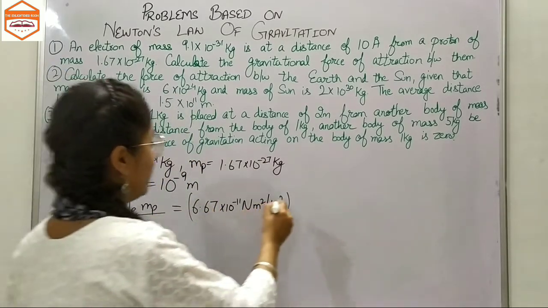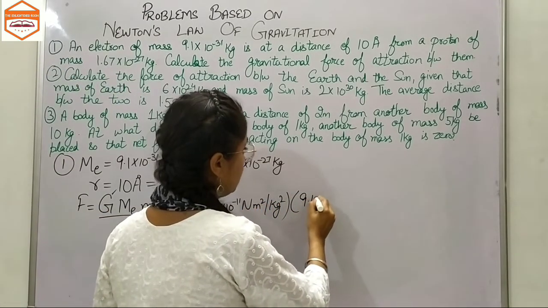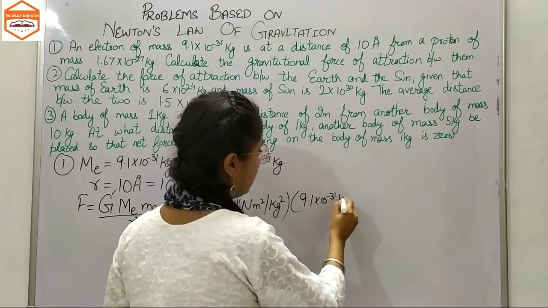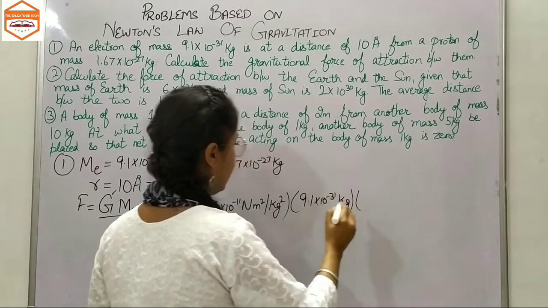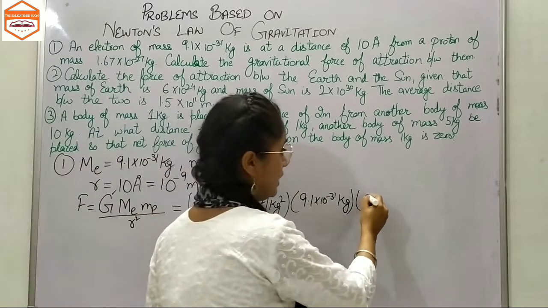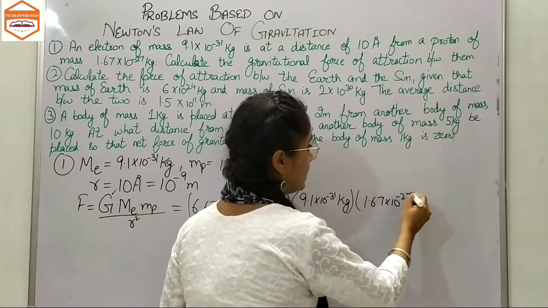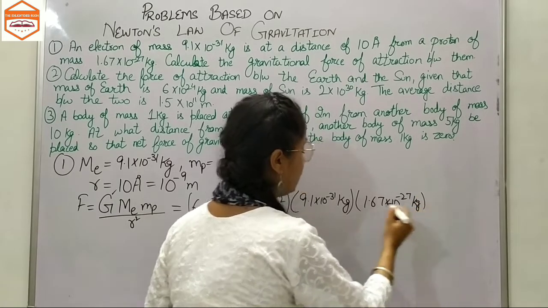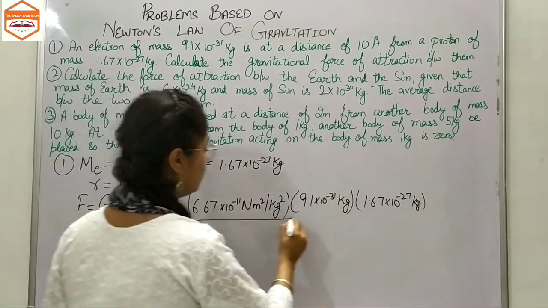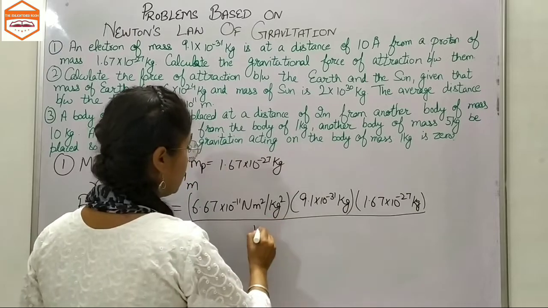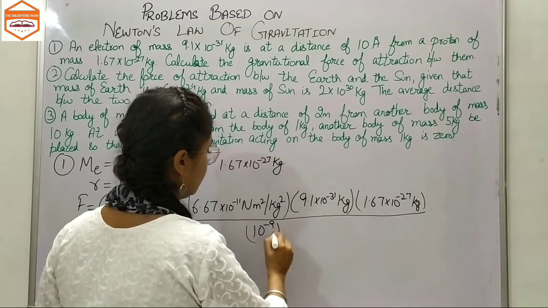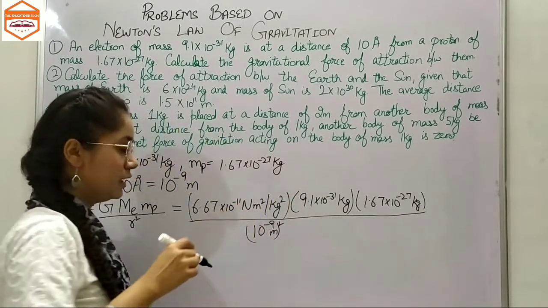Then comes the mass of electron, 9.1 × 10^-31 kilogram, and the mass of proton as 1.67 × 10^-27 kilogram, over (10^-9 meter) squared.